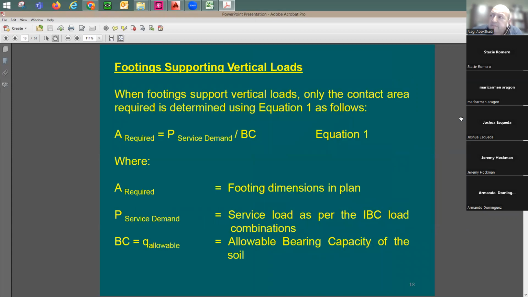So to do my design, I'm not talking here about the design when it comes to the reinforcing. I'm talking about the size of the footing.